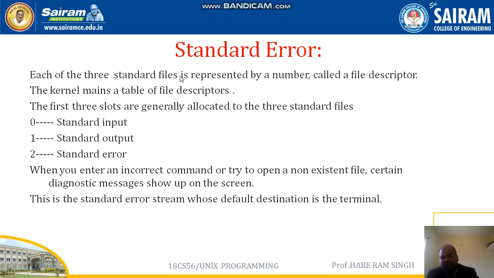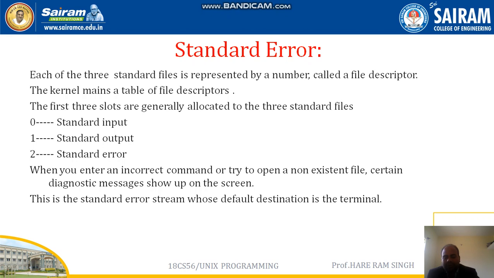So next is standard error. Each of the three standard files is represented by a number called a file descriptor. We saw three types of standard files: standard input, standard output, and standard error.